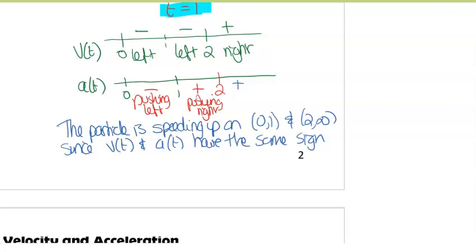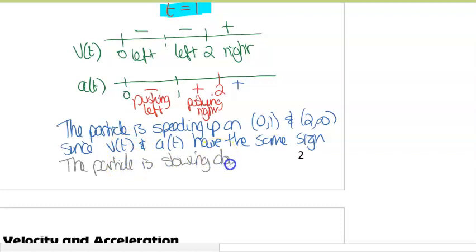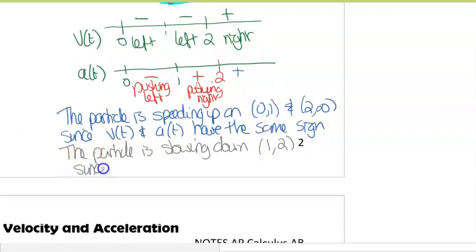And then the particle, oops, can't spell particle, is slowing down on, oops, that would be 1 to 2 because you have different signs, since v of t and a of t have different signs, and that's all you have to do to justify it.